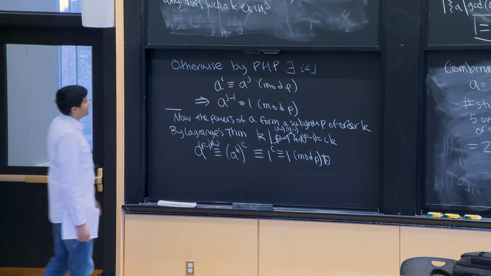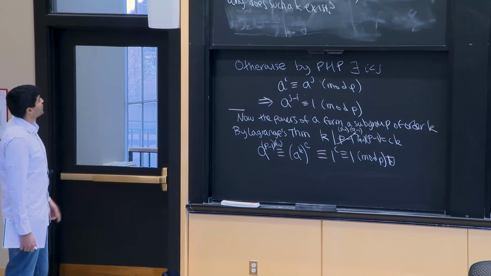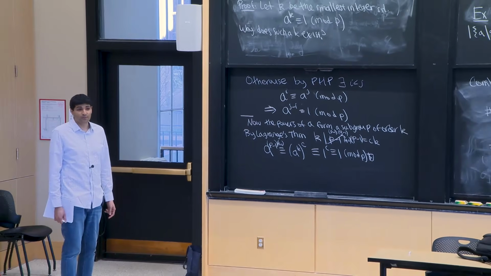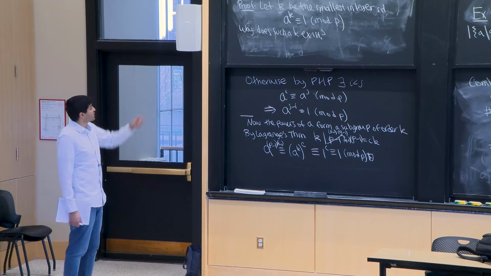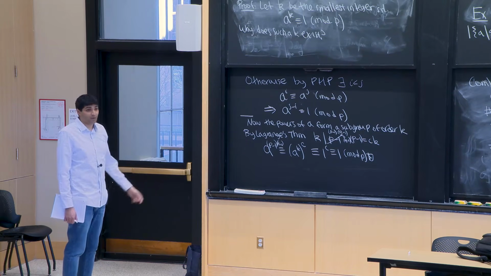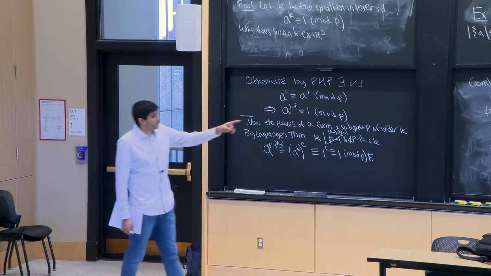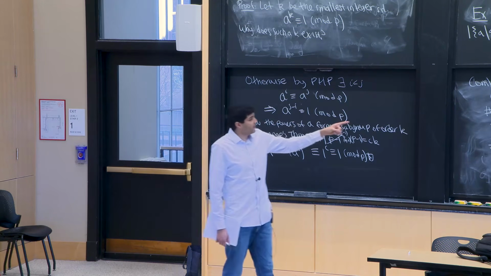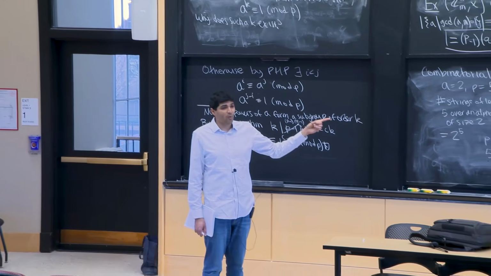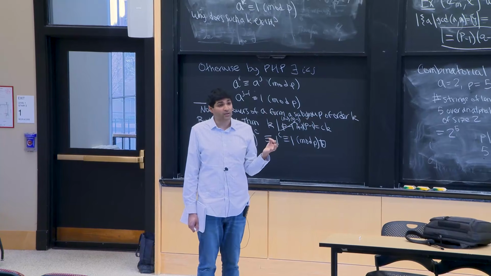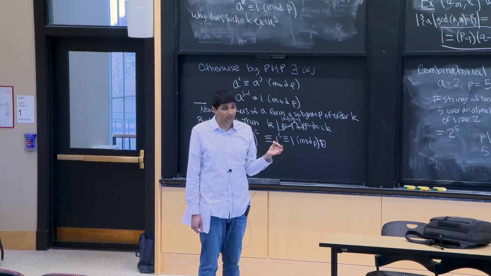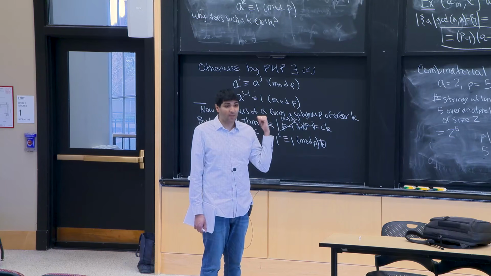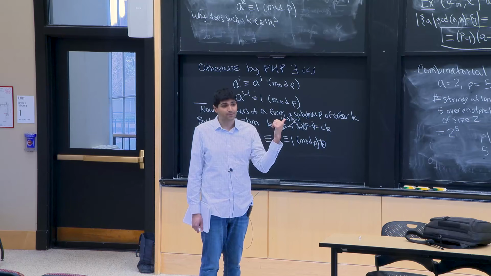So in fact, what's really cool about this is that I could have told you all of this at the beginning of lecture. We knew what modular arithmetic was. I could have stated Fermat's little theorem. I could have stated Euler's theorem. And they might have seemed a bit mysterious, like why is the power I'm raising things to different depending on whether I have a prime or a product of primes?